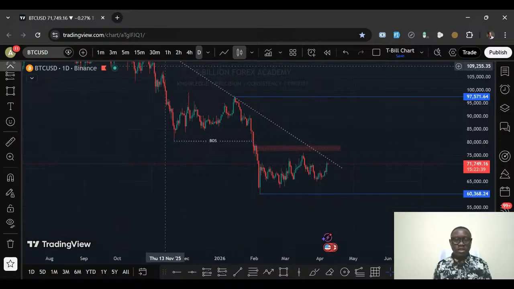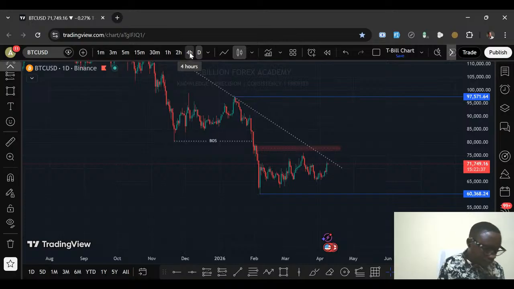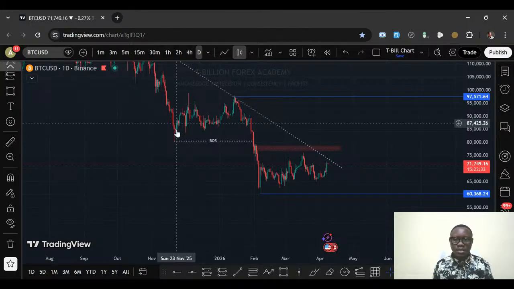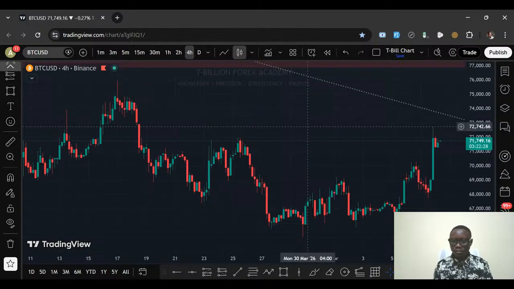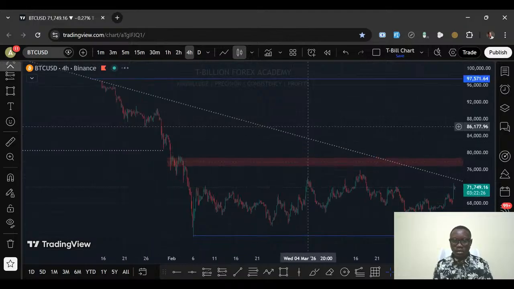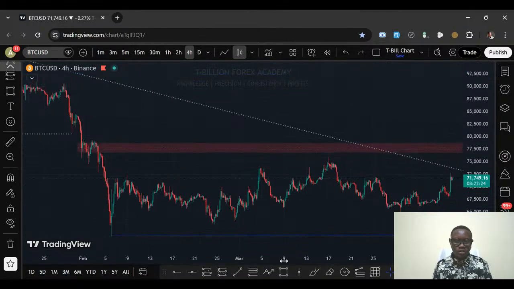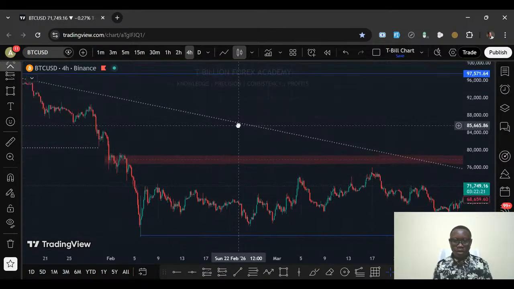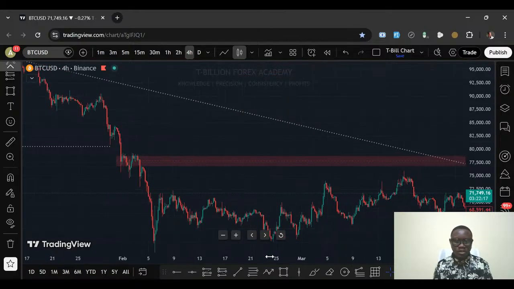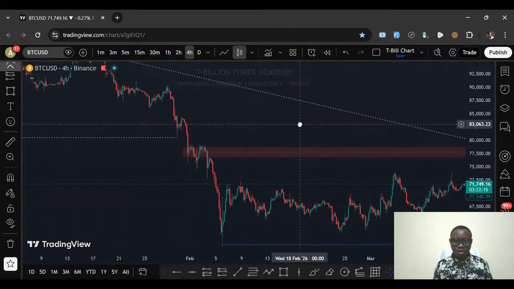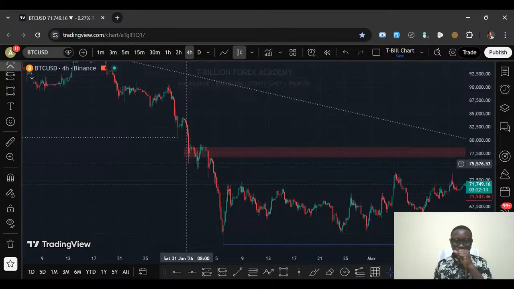So let's drill down to the 4H time frame for proper price action. So on the 4H time frame, we have this break of structure to the downside.